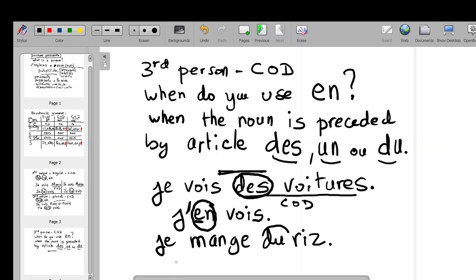So if you want to use a pronoun, j'en mange. Okay. Let's continue, next page.